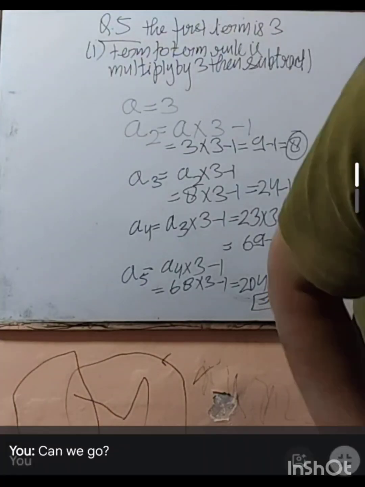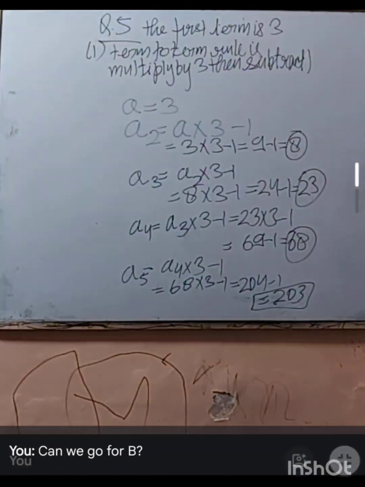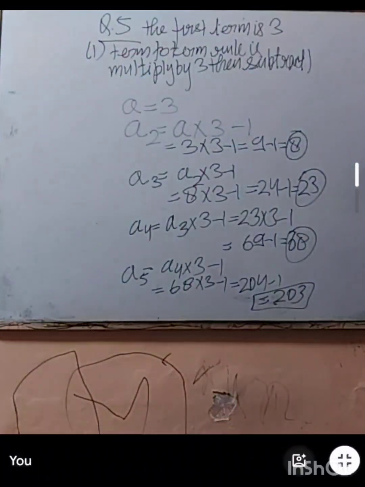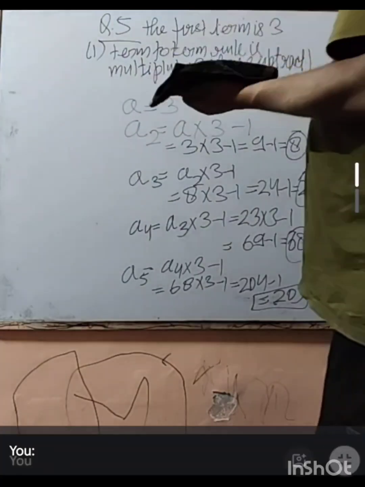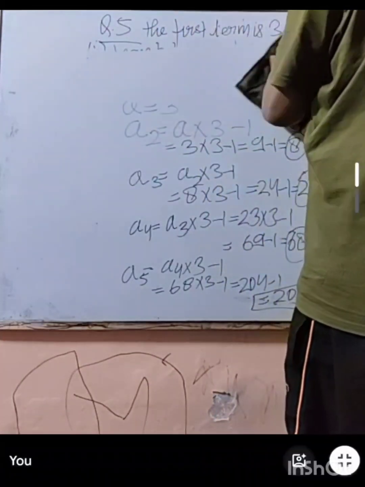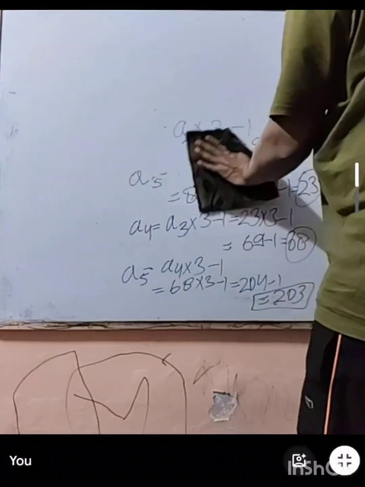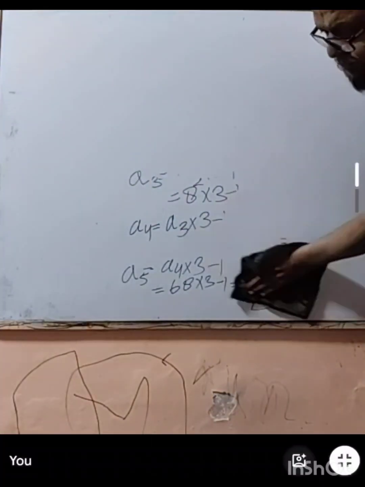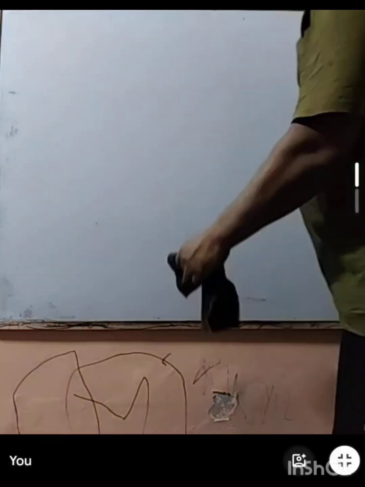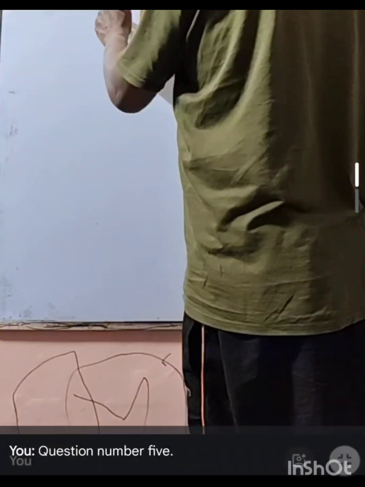Can we go for B? Question number 5, part 2.